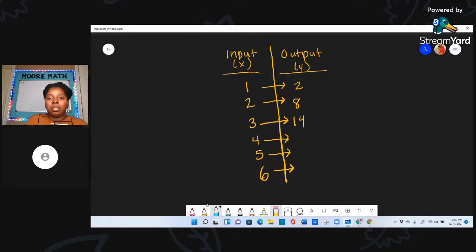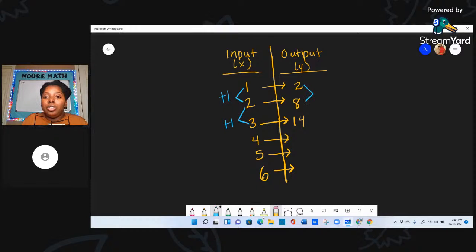They're going up by 1. What's going up by 1? The X's. Good. So our input, we're going from 1 to 2. That's plus 1, 2 to 3, right? We keep going up by 1. What else do you notice? The Y's are going up by 6.